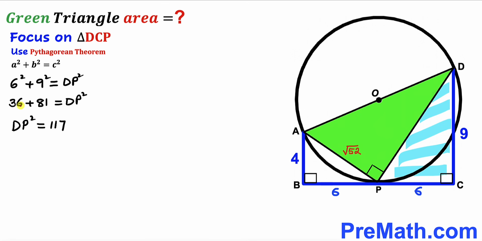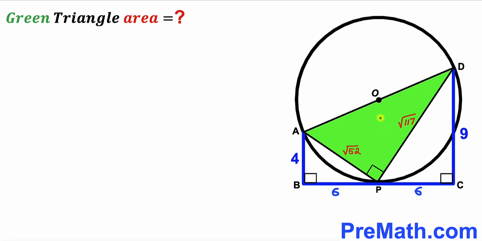And now I'm going to undo this square by taking the square root on both sides. So our DP segment length simply turns out to be the square root of 117. So this hypotenuse DP length is going to be the square root of 117.